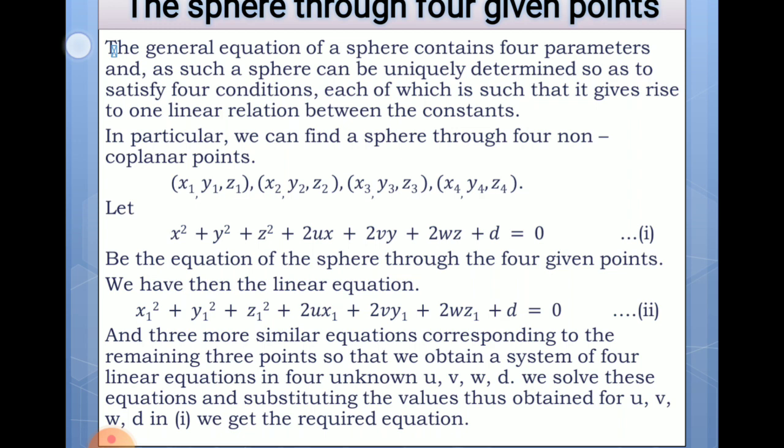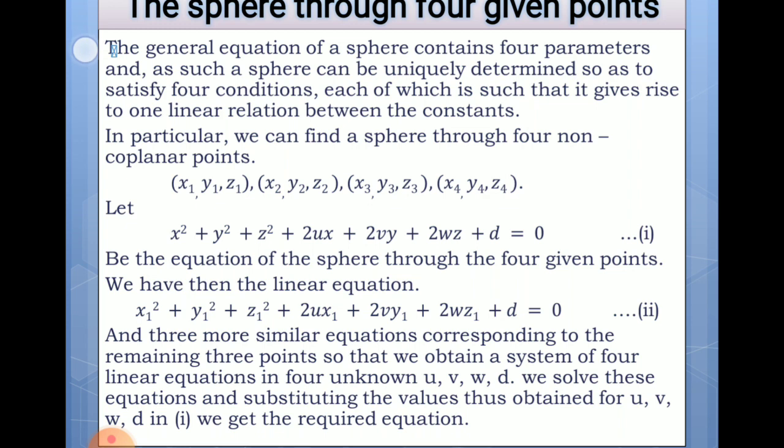For example, we can find a sphere through 4 non-coplanar, non-collinear points (x1, y1, z1), (x2, y2, z2), (x3, y3, z3), (x4, y4, z4). Suppose these 4 points are given to you, then we have to find the equation of the sphere passing through these 4 points.